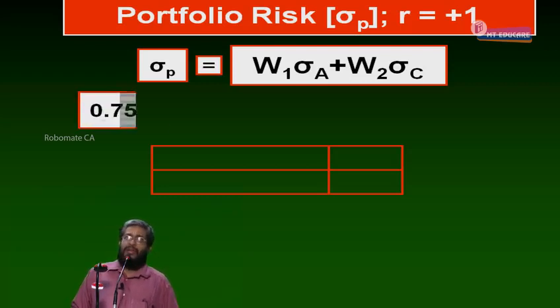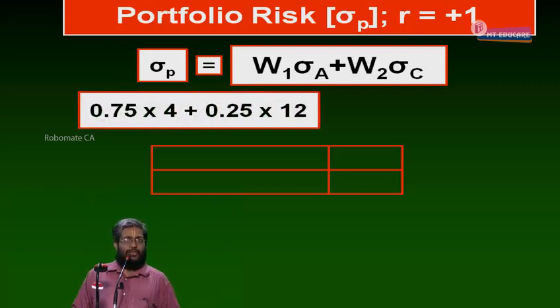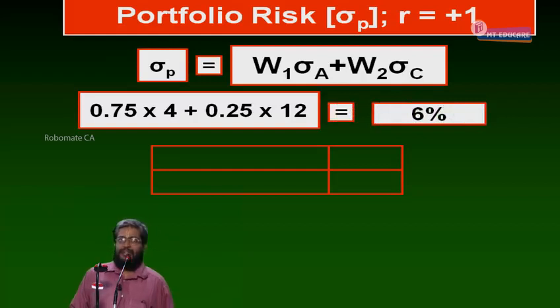Now, 0.75 into 4 plus 0.25 into 12. What is the standard deviation of the portfolio? 6%. Standard deviation of portfolio is 6%.